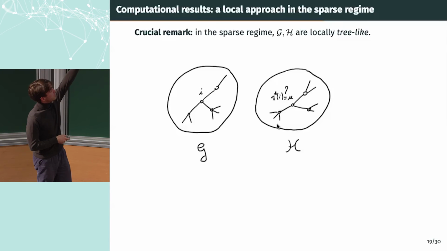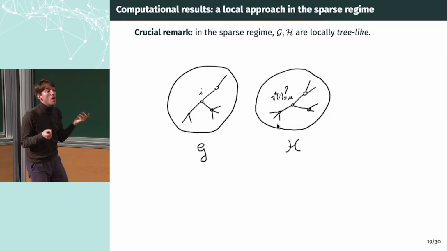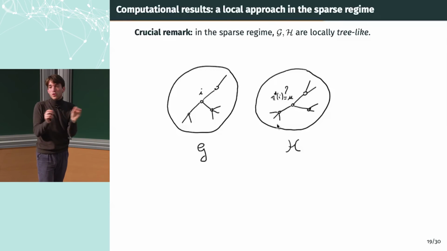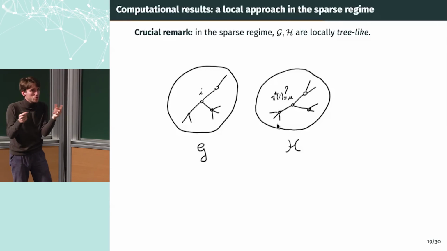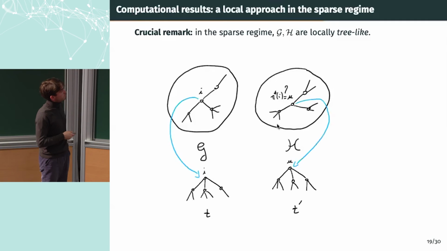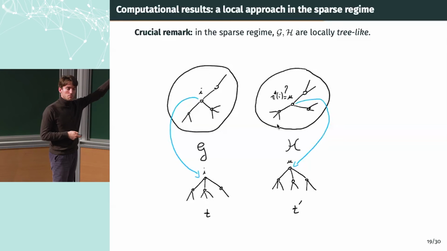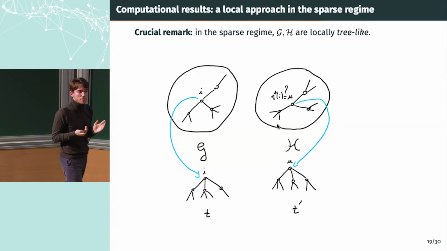So you are at a node i in G, you are at a node u in H, and you wonder, are these nodes matched or not? You want to create a procedure to decide. Since you observe trees, maybe I can compute a score on these two trees, telling me if they are somehow close or not. This is the spirit of the score.